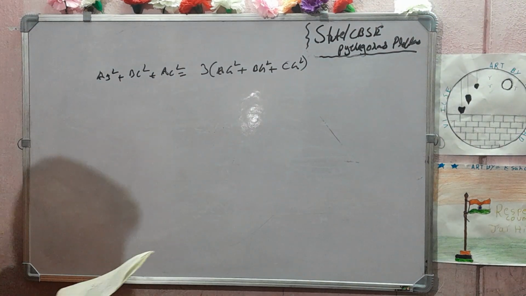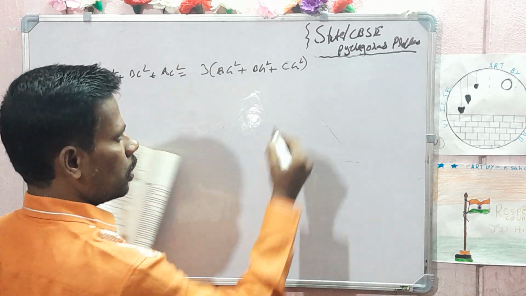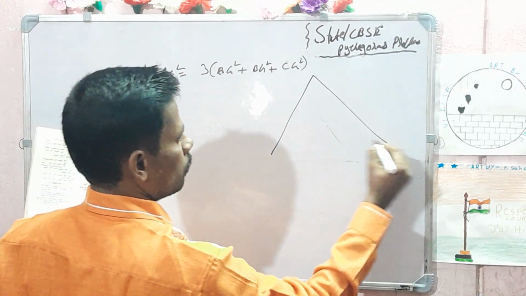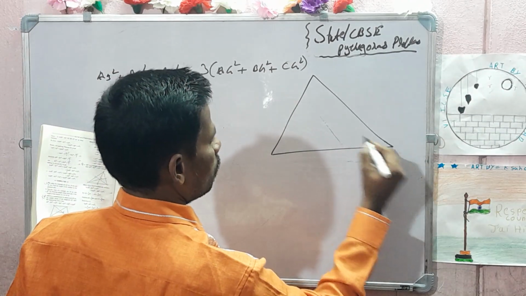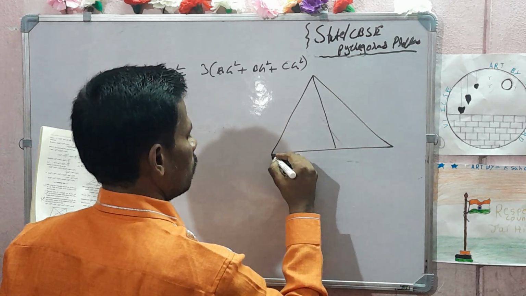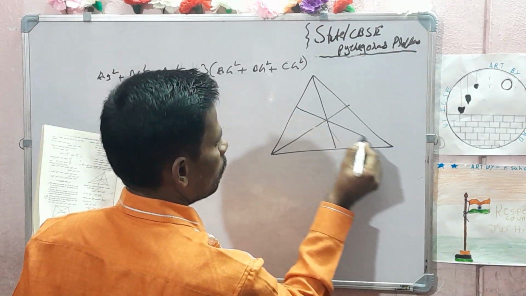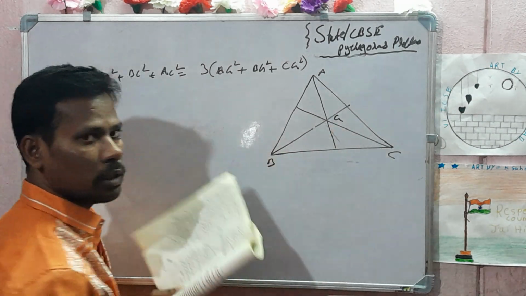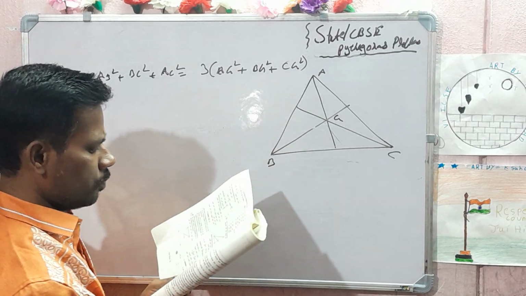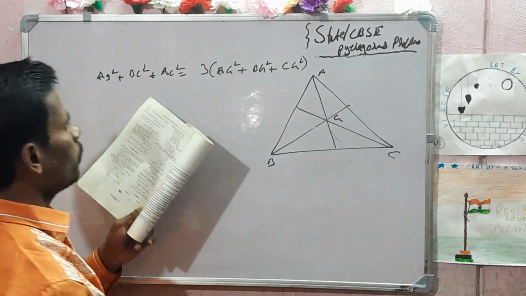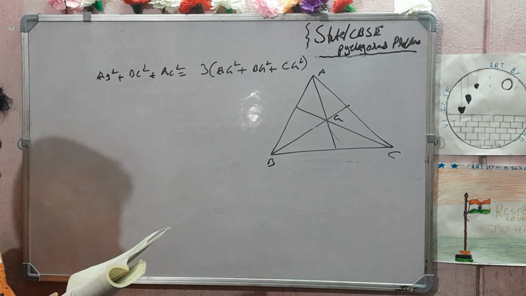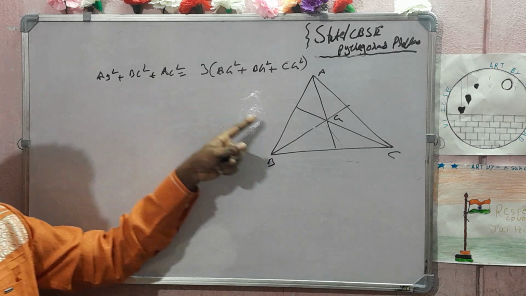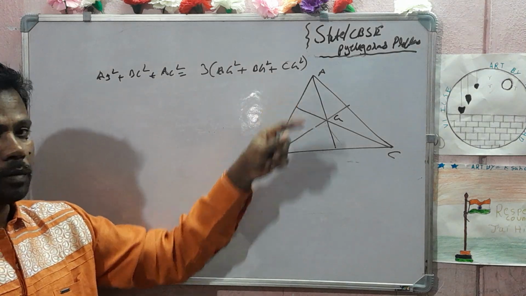So here ABC is a triangle in which G is the centroid. So we are asked to prove that AB square plus BC square plus AC square is equal to 3 times AG square plus BG square plus CG square.